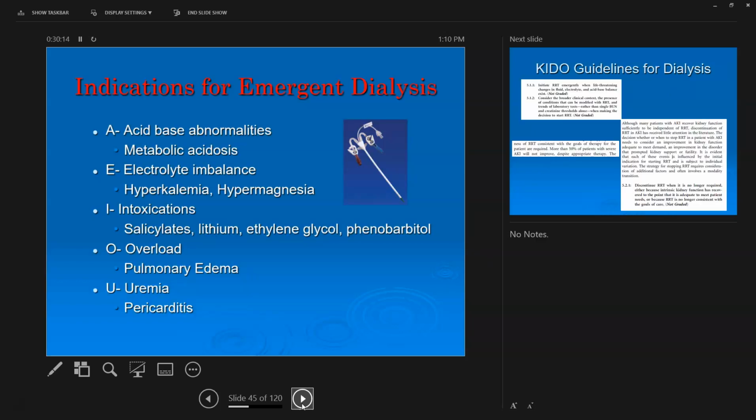And then this is the big take-home point for the patients that we're going to go over. So, indications for emergent dialysis. I have found this mnemonic very helpful, because it's not uncommon on the Medicine 9 service that I work on.